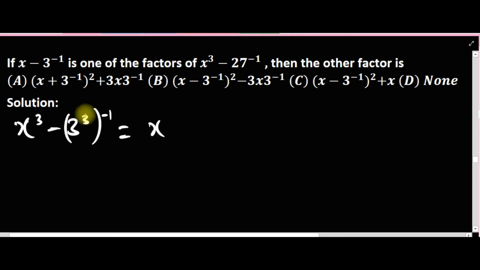Now since I have a cube here, from laws of indices we can interchange. So I can write it as 3 minus 1 raised to power 3, because they will have the same product. Minus 1 times 3 is minus 3, the same thing, 3 times minus 1. So I wrote it this way so that we'll get difference of 2 cubes here.